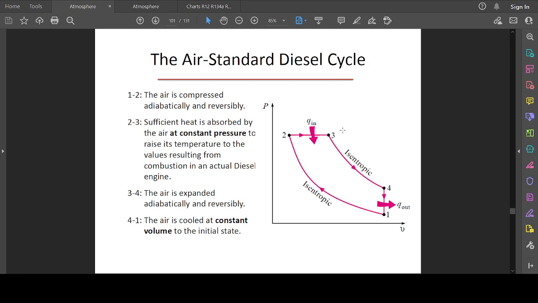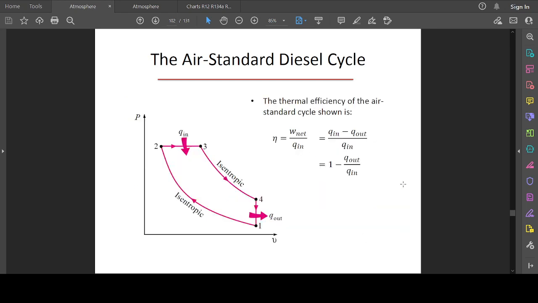Then from 2 to 3, the constant pressure heat addition raises the temperature to the value resulting from the combustion of the fuel. Then the air is expanded adiabatically and reversibly to stage 4, and the air is cooled at constant volume to its initial state at 1. So this is used to define the air standard diesel cycle.